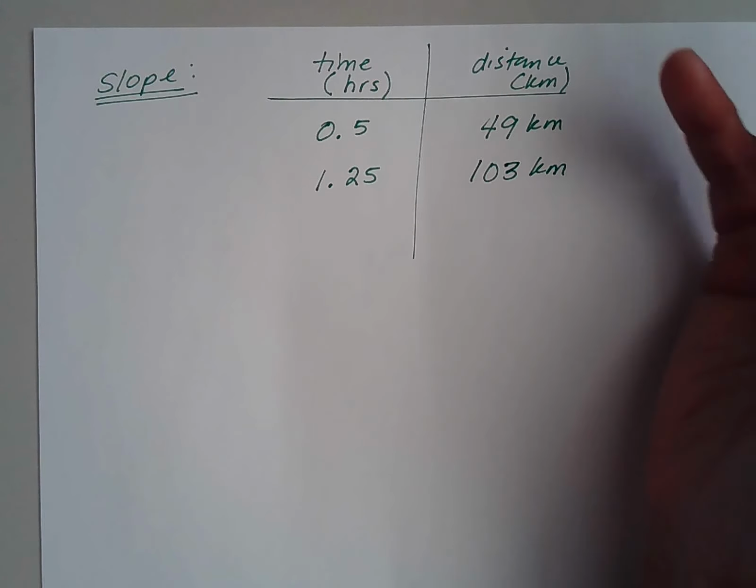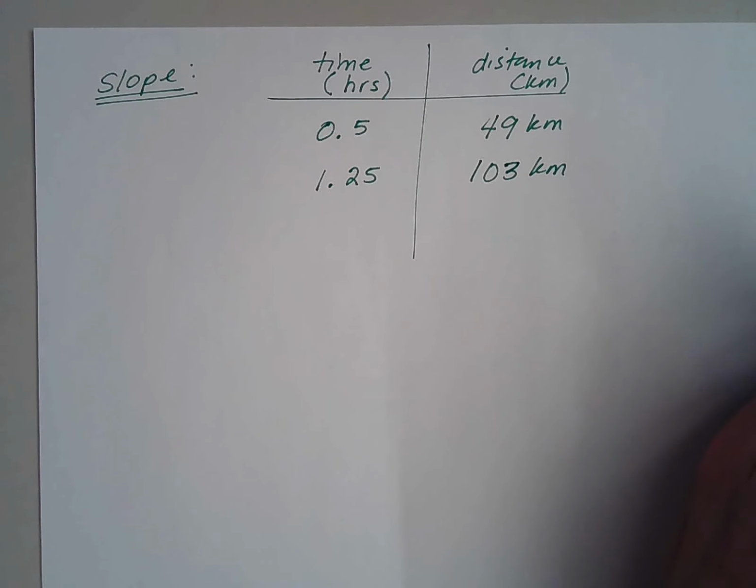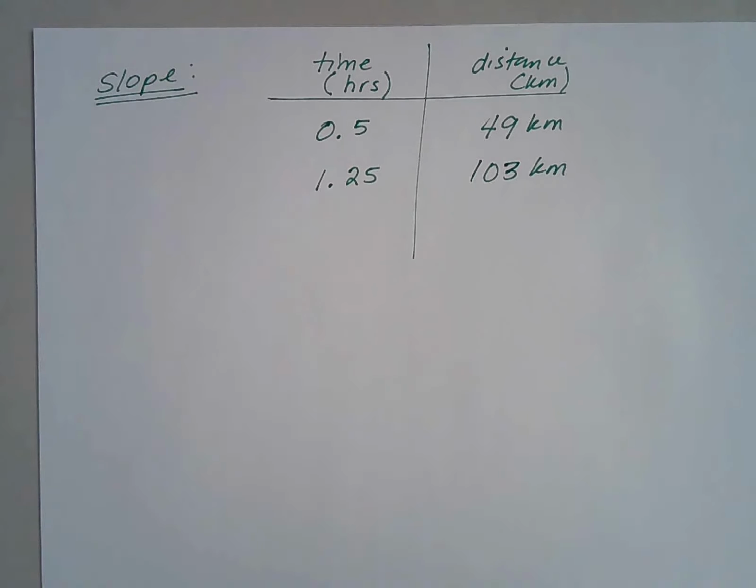I'm not sure if this is even gonna work, but we'll see. Because 49 times 2 is 98. What's half of that? Okay, so how fast is this person traveling?